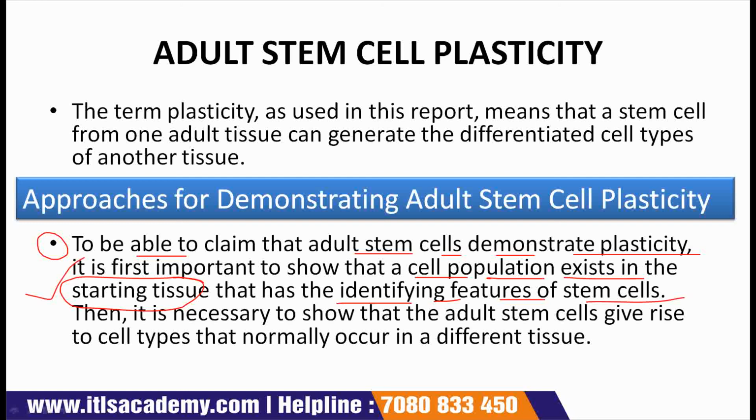After that, it is necessary to show that the adult stem cells give rise to cell types that normally occur in a different tissue.